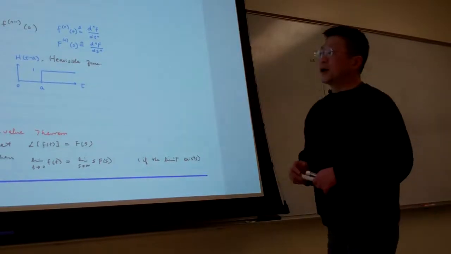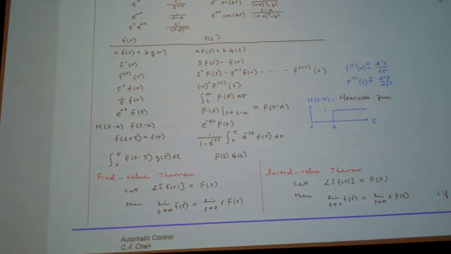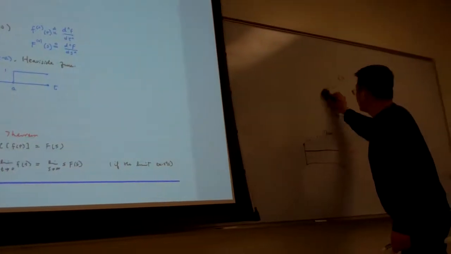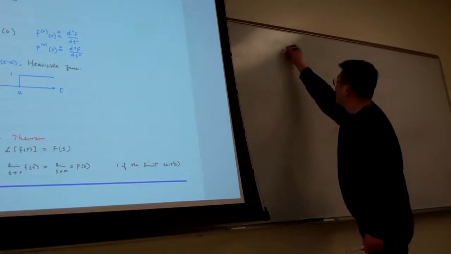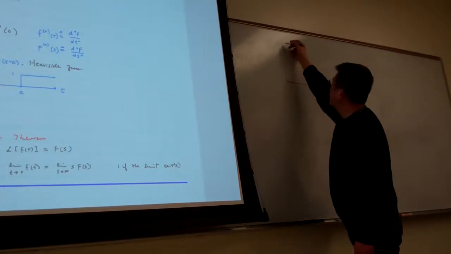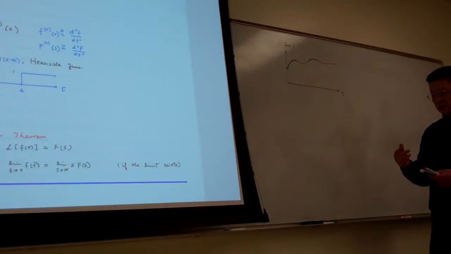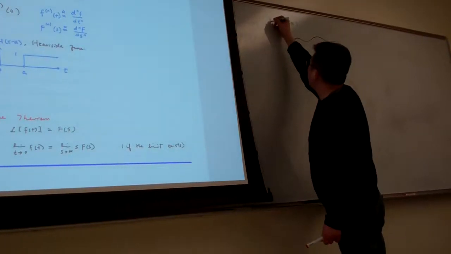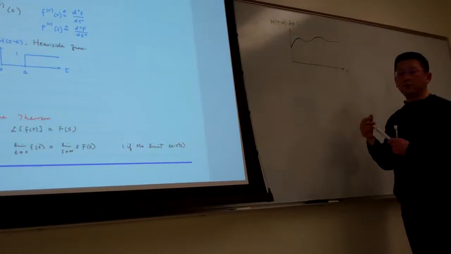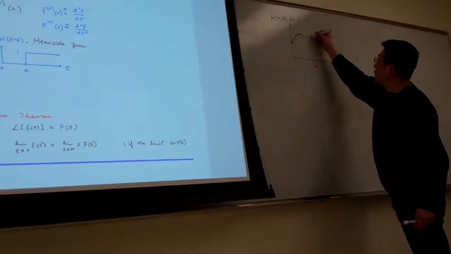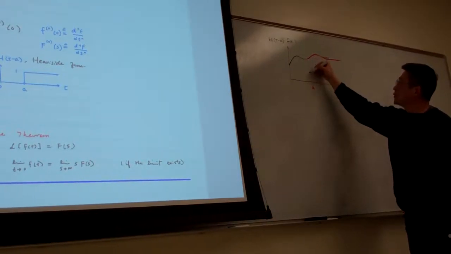So you may ask what this means. That means if we have any arbitrary function behaving like this, what does h(t minus a) multiplied with this one mean? It simply means you pick up the behavior or response of the function from this moment onward.